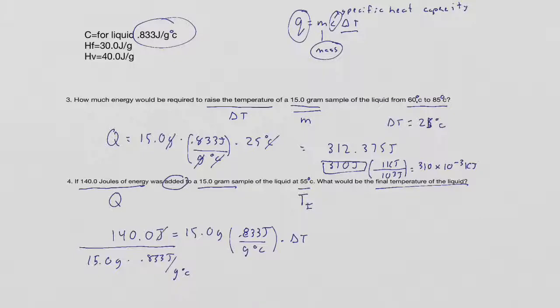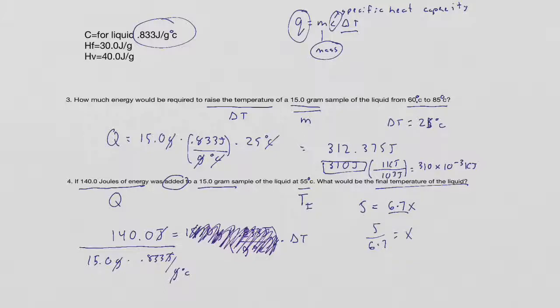The joules will cancel out, the grams will cancel out, and I'm basically just getting rid of all this other stuff by dividing both sides by that. I kind of skipped that step; I just sort of cross-multiplied in my head. You can think of this as if you had 5 equals 6 times 7 times x. Basically, that would be equal to 5 divided by 6 times 7 equals x. And that's what we're really doing here.